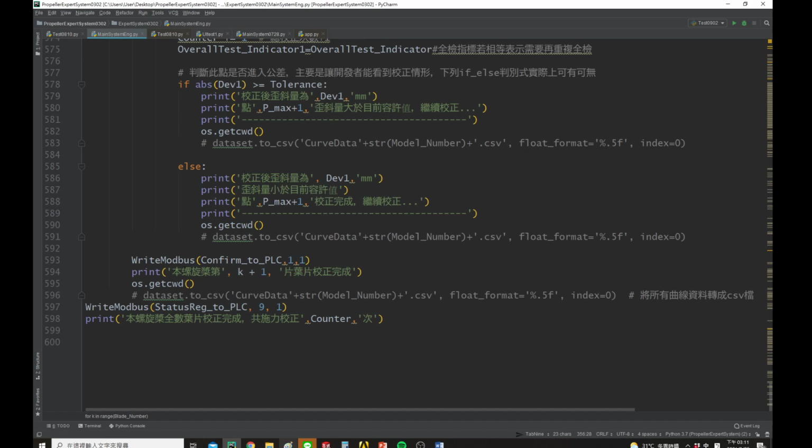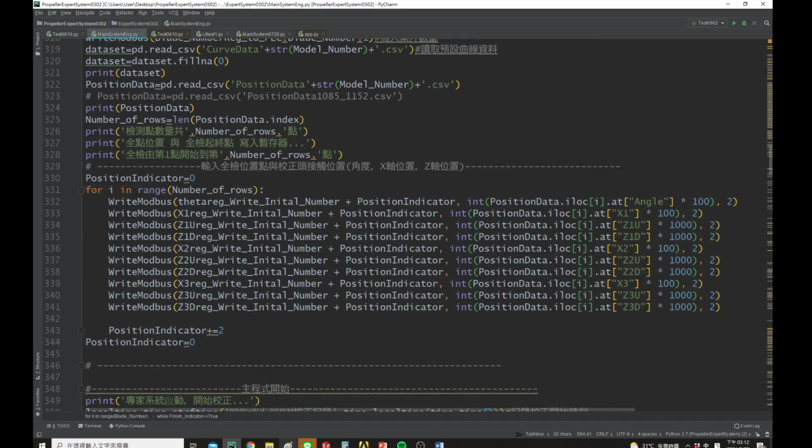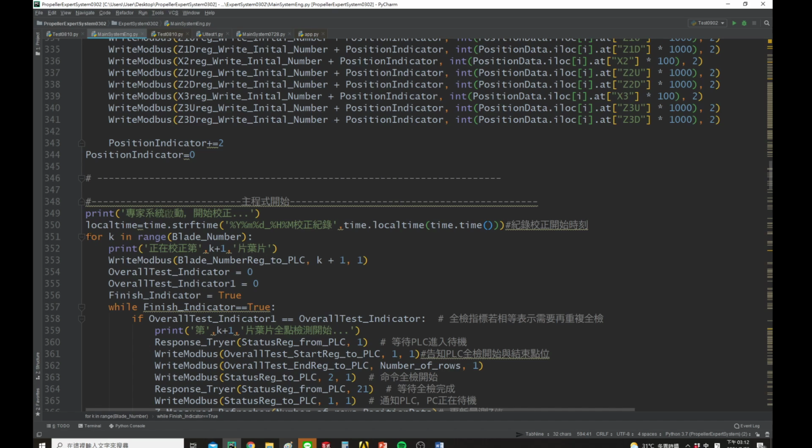And here, in this propeller, for example, the first blade's tuning is complete, and then we go to the next blade. The program goes back to the beginning of this for loop, the outermost loop, and does the same thing again until every blade has been tuned.